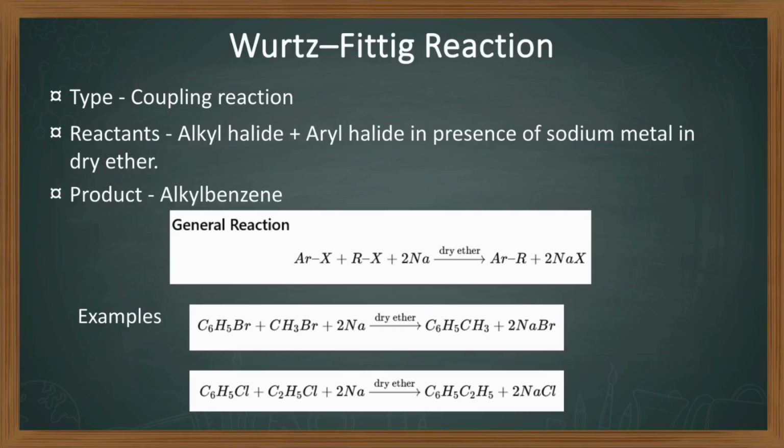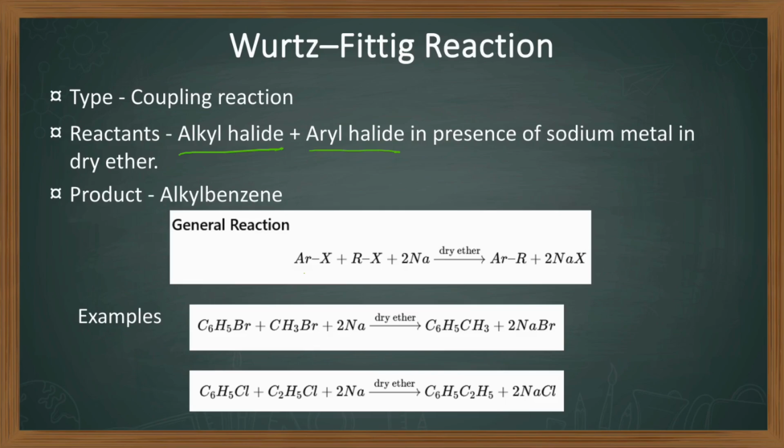The next reaction is Wurtz-Fittig reaction. It's a combination of the reactions we mentioned earlier, that is Wurtz reaction and Fittig reaction. It is again a coupling reaction. We take one alkyl halide and one aryl halide, and the other reaction conditions remain the same as in the previous two cases, that is Wurtz reaction and Fittig reaction.